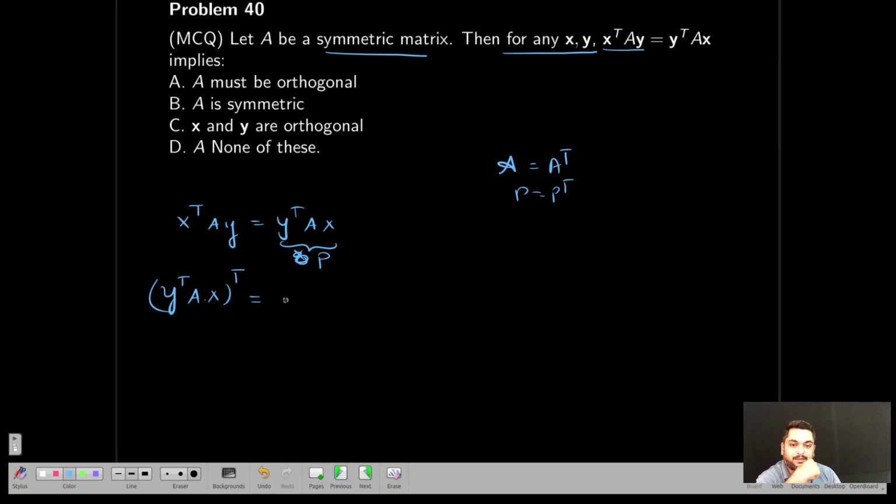I can write it as x transpose A transpose y transpose of transpose. This is nothing but x transpose, A transpose is A, y transpose of transpose is y. So this gives the same result. That means this is symmetric.